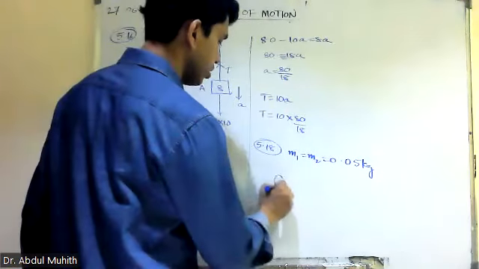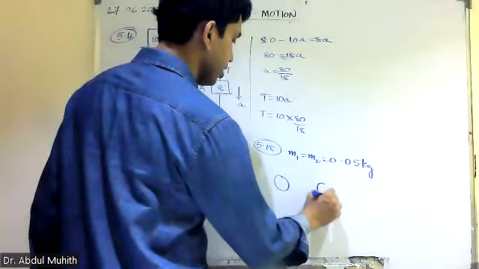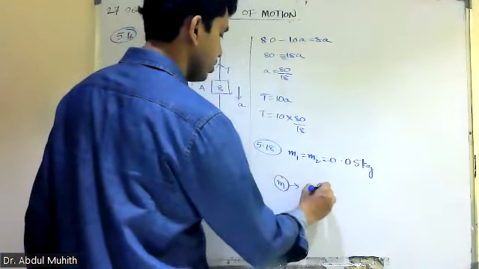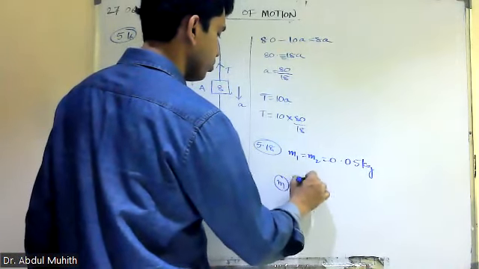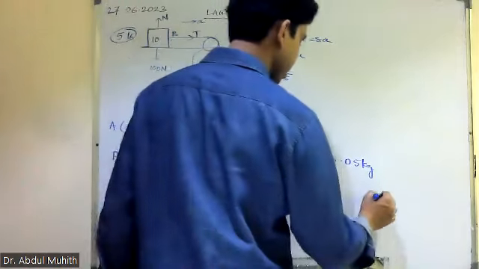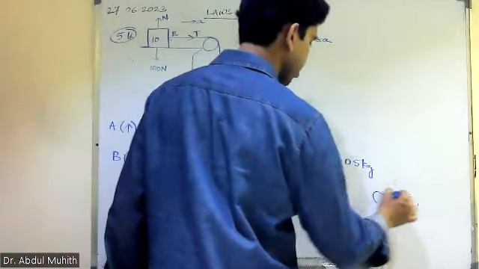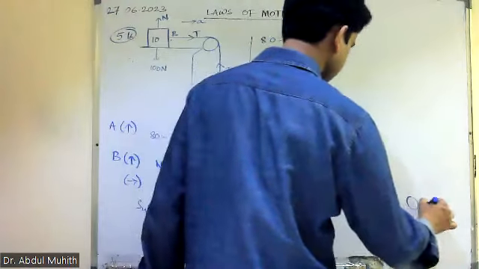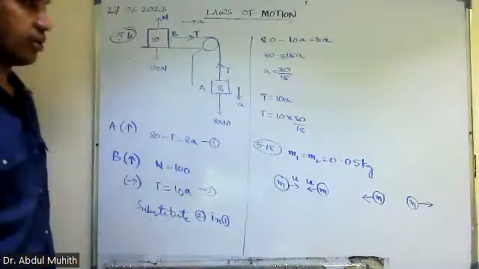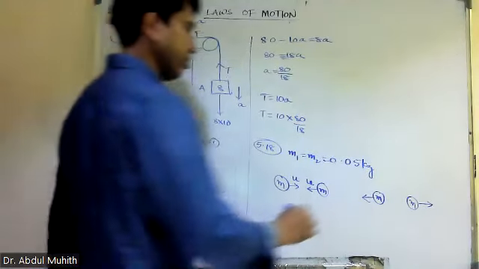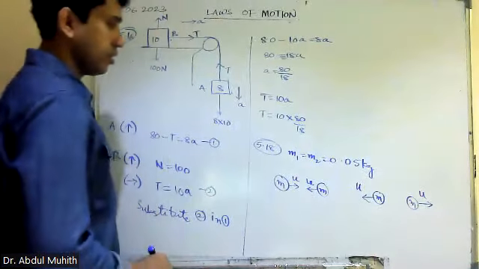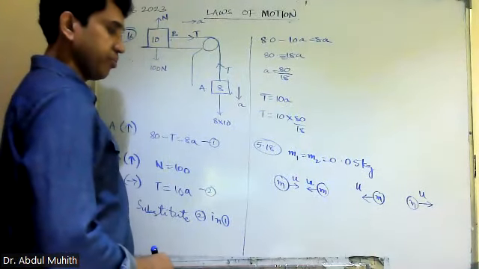So these two billiard balls come towards each other like this. This is M, this is also M. This is U, this is also U. Both hit each other, and after hitting, they rebound like this, with the same speed U and U. So what is the change in momentum?